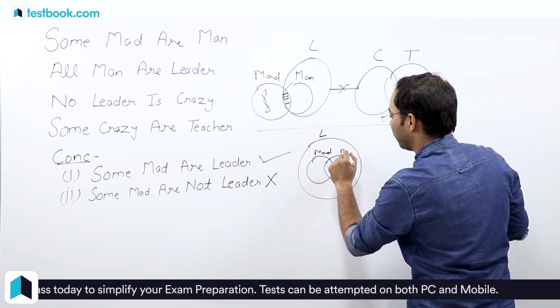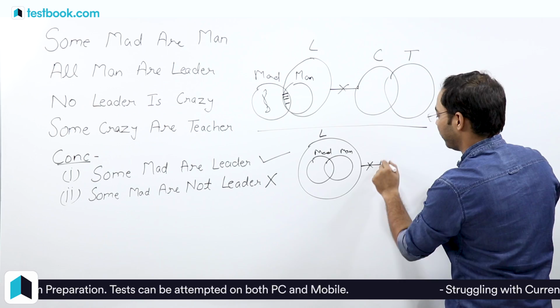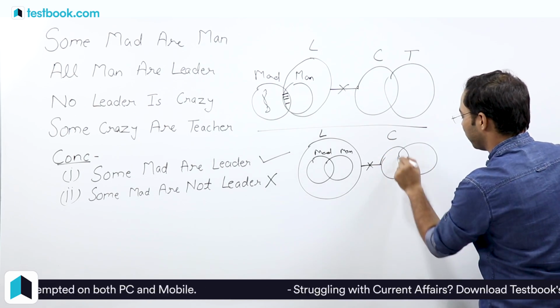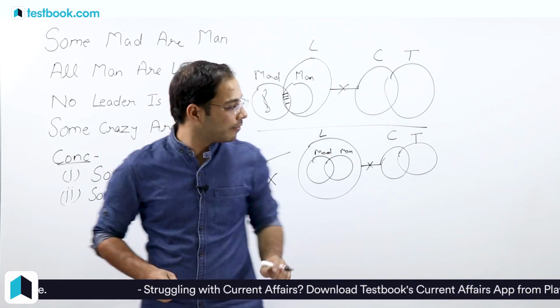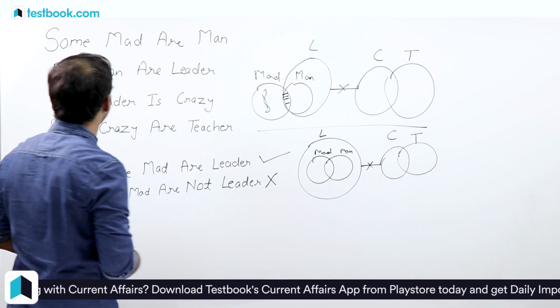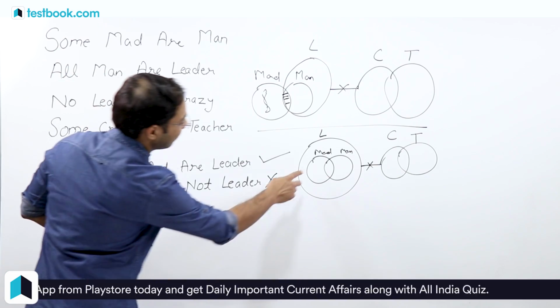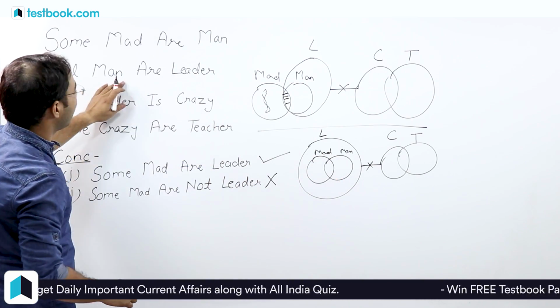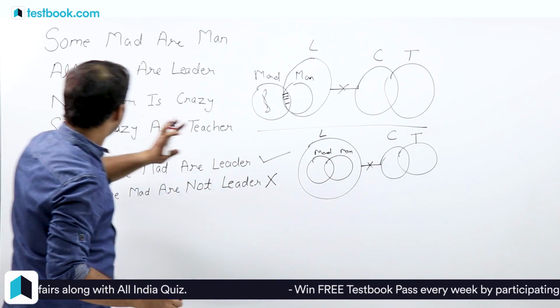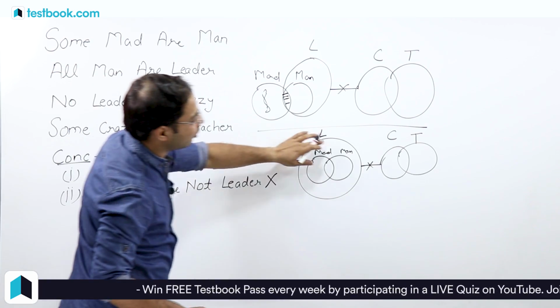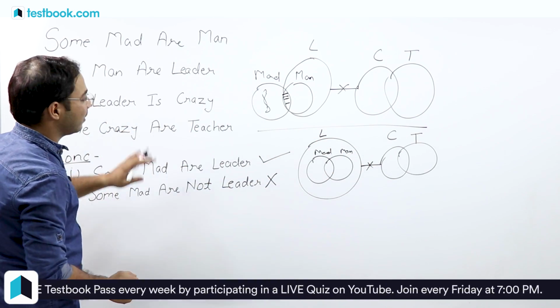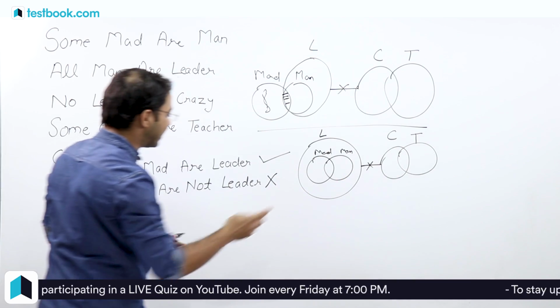Now this is not related to crazy and teacher. If we make a diagram like this, then also all our statements are following it. Look, some mad are man. All men are leader. No leader is crazy and some crazy are teacher.